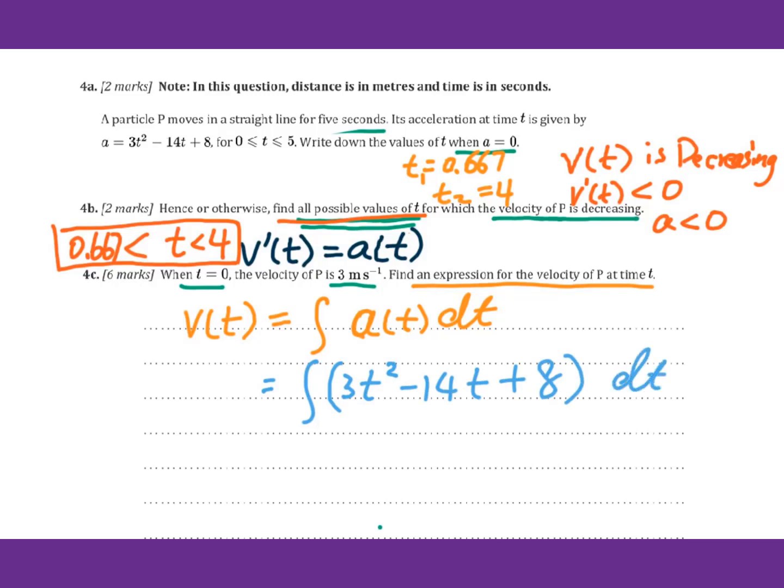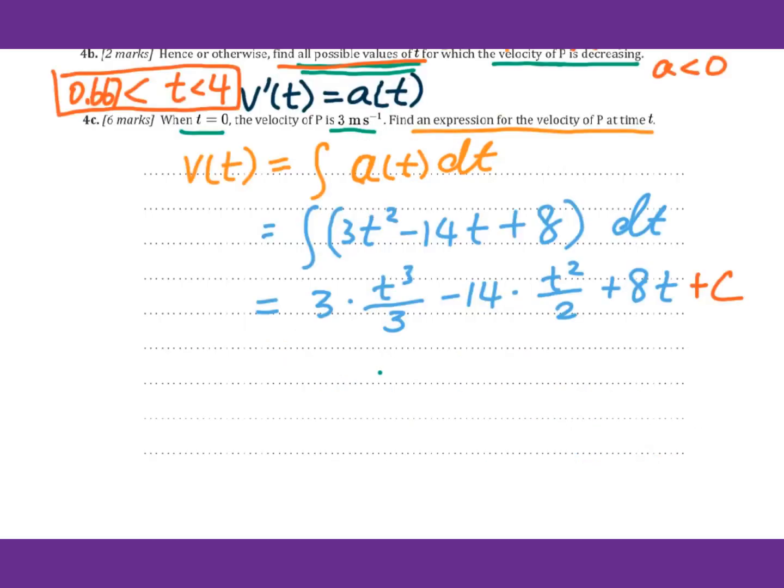Then do the integral. So we get 3 times t third power over 3 minus 14 times t squared over 2 plus 8t. Don't forget the plus c. This will be velocity of t. Then we simplify. You will get t third power minus 7t squared plus 8t plus c.